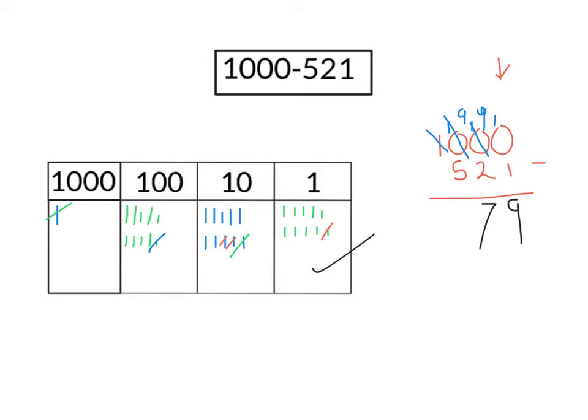Then I'm doing 9 take away 5, cross 5 off, and I've got 4 left. There's nothing in my thousands column, so my total answer is 479.